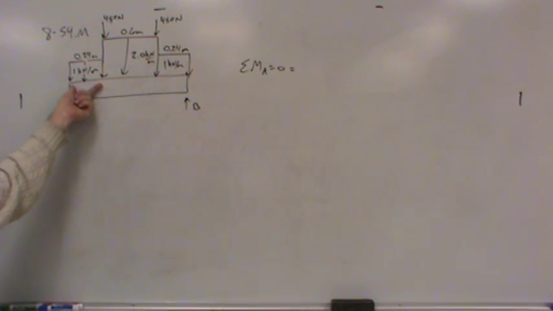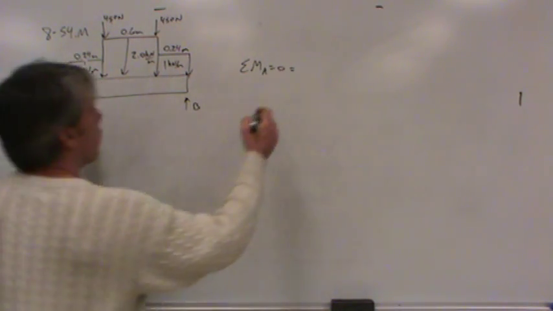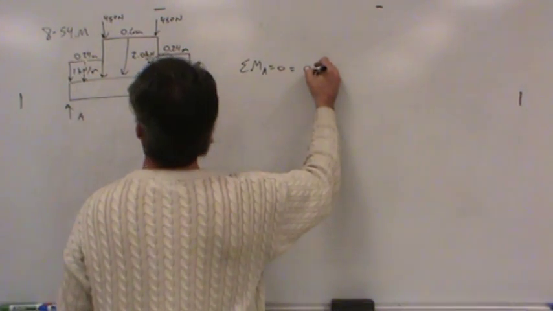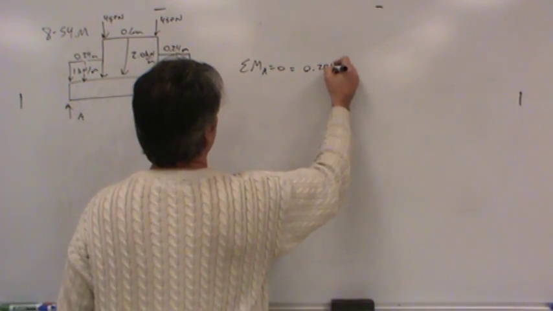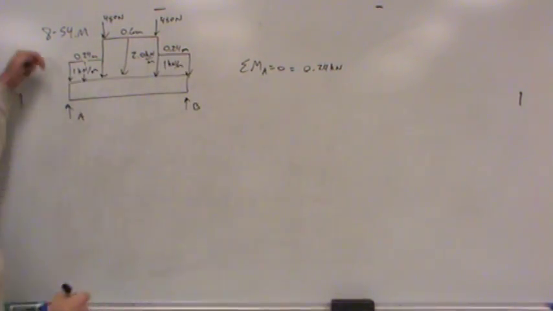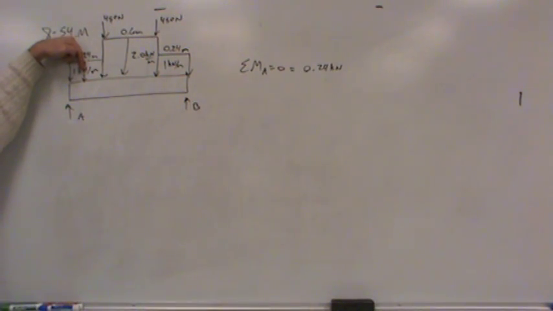Does that make sense? This first distributed load will have an effect of 0.24 kilonewtons. Where will that act? I'm calculating moments. Where will the resultant of the first distributed load act? In the center, right? At 0.12 meters, right?